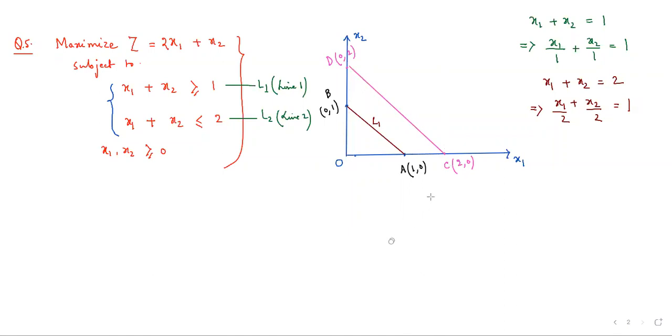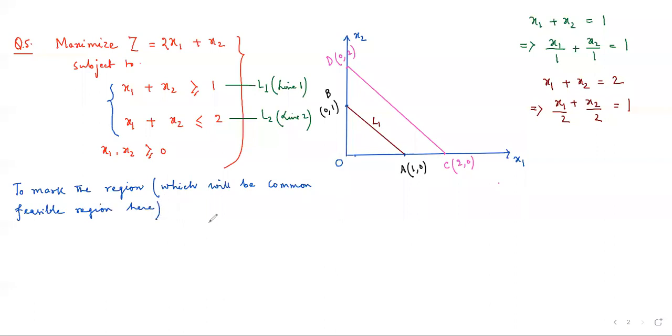Okay. Now, you see that to mark the region, we need to substitute 0, 0. I'm writing here: to mark the region which will be the common feasible region in this case, because we have to mark a region which will be satisfied by both the inequations.